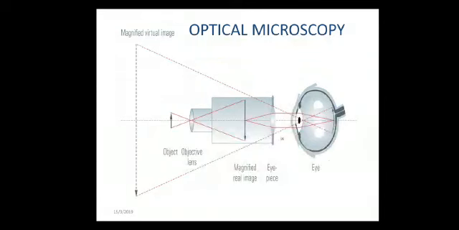The main principle is to create a magnified image by using an objective lens to make an inverted real image, and then magnify the image further with an eyepiece to allow the user to observe it with the naked eye. So this is how we use optical microscopy.